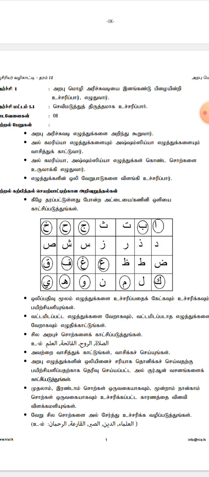So the next, uncircled letters: ta, tha, dal, zal, ra, za, sin, sheen, swad, lod, ta, la, lam, noon. Okay. So now we'll see some Arabic language words.